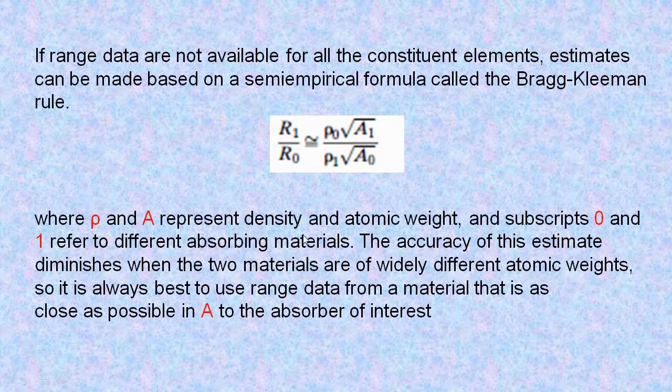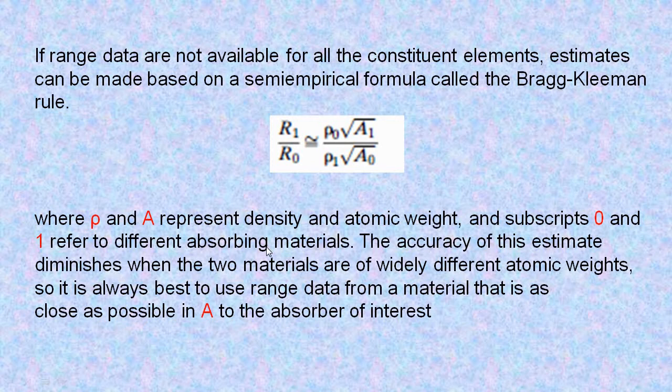That means, suppose you want to know the range of a material whose atomic weight is 56. If you know the properties of 54 or 55, you can consider this A0, with its density and range. For the 56 one, you must know the value of A1 and ρ1, then you can calculate the value of R1.